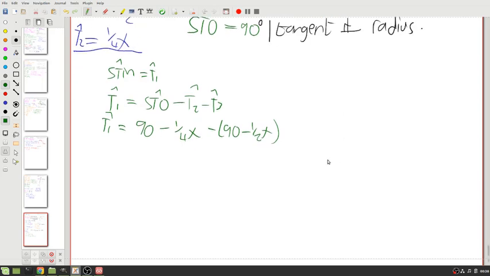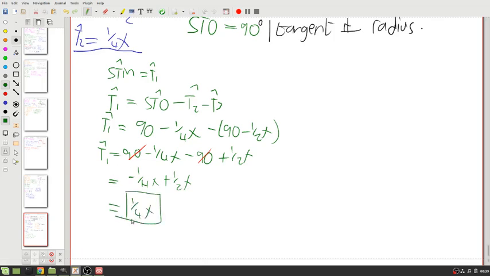Let's do this step by step. So 90 minus a quarter x, and then we multiply in the negative, so minus 90 plus half x. 90 minus 90 cancels out. And then we've got negative a quarter x plus half x. And what is a half minus a quarter? That is a quarter x. Perfect.